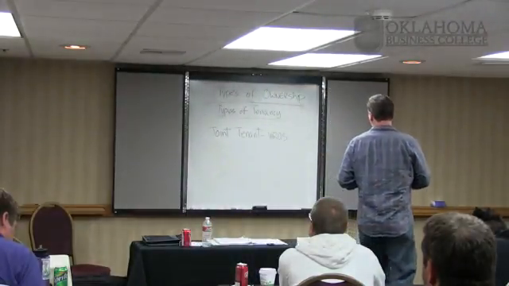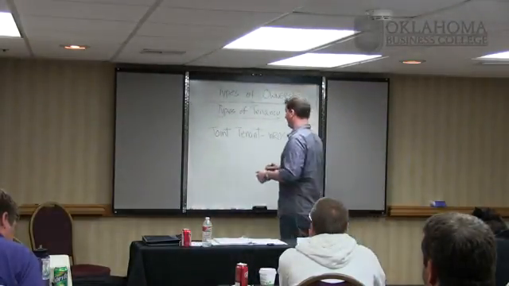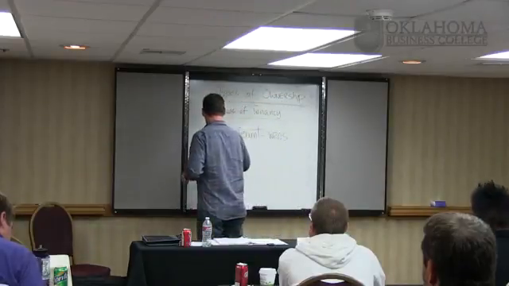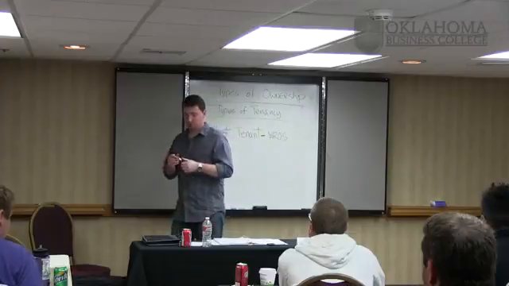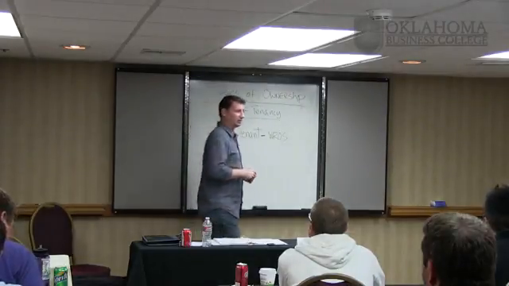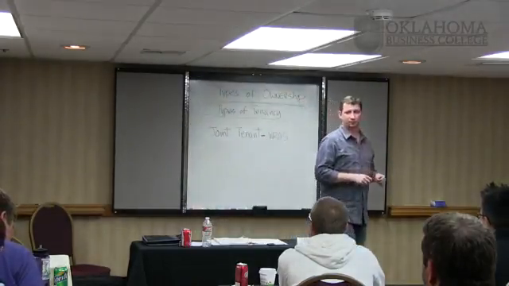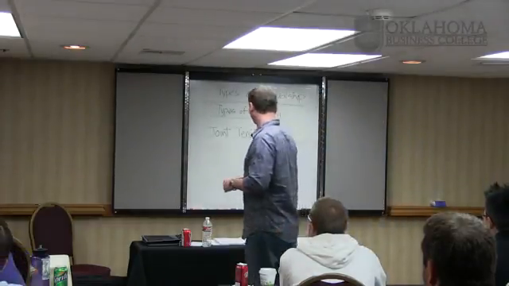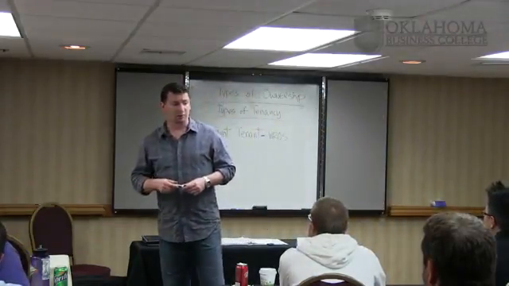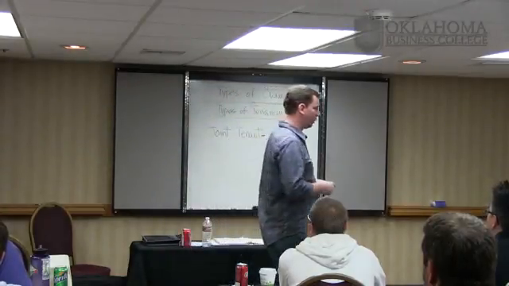Meaning, if one person dies, and they're joint tenants, it'll automatically pass to the surviving joint tenant. In the meantime, you can sell it or do whatever you want with it.